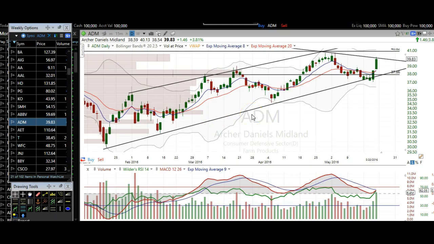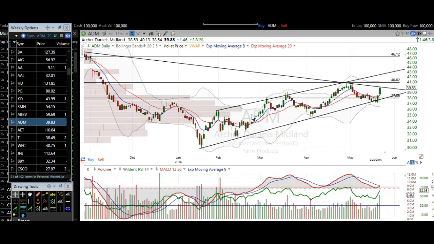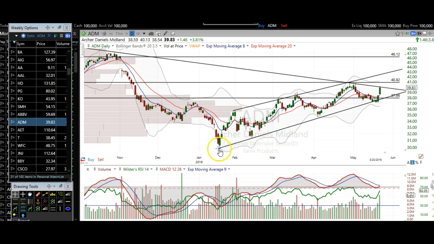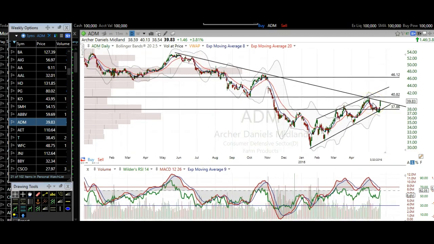Next, I want to cover ADM. ADM is trading in a channel right here, the lower end of the channel right here, the upper end of the channel right here. As you can see, it gets rejected, and on the bottom, it gets bounced. Okay? But the larger pattern here is this big downtrend line that we have here from the 2015 highs going back, almost a year.